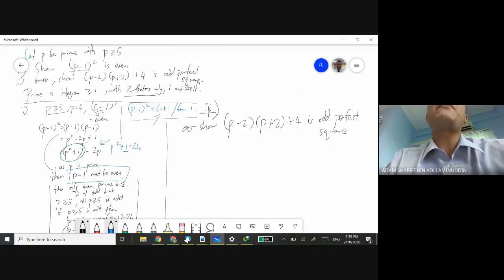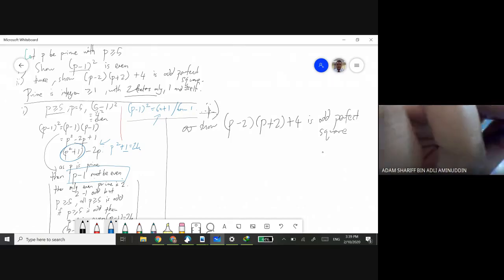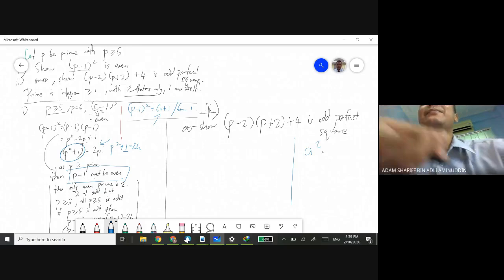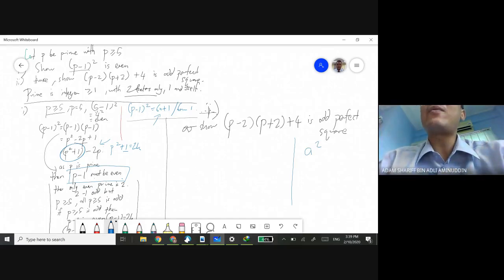Okay, what is an odd perfect square first? Again, you need to understand what a perfect square is. A perfect square is a squared. It means that it includes 1, 4, because 1 is 1 squared, this is 2 squared, 3 squared, 9, 16, 4 squared, 25, 5 squared.